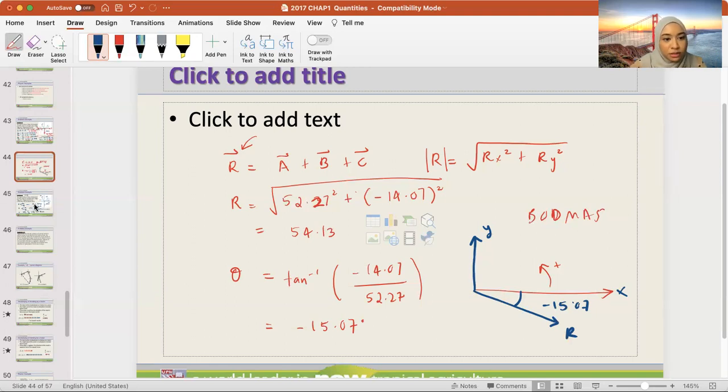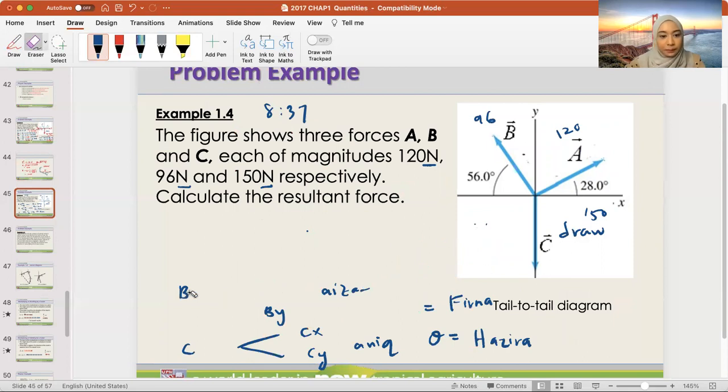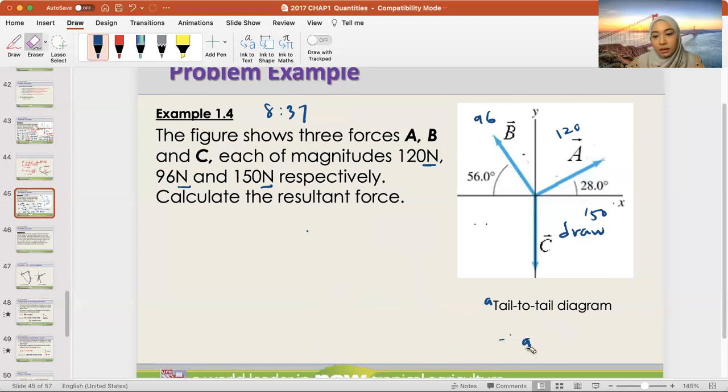Let me try the tip to tail method, okay? We have like 2 minutes, so I have to do this quickly. I should get something along this angle. So let's try. 20 this way, right?